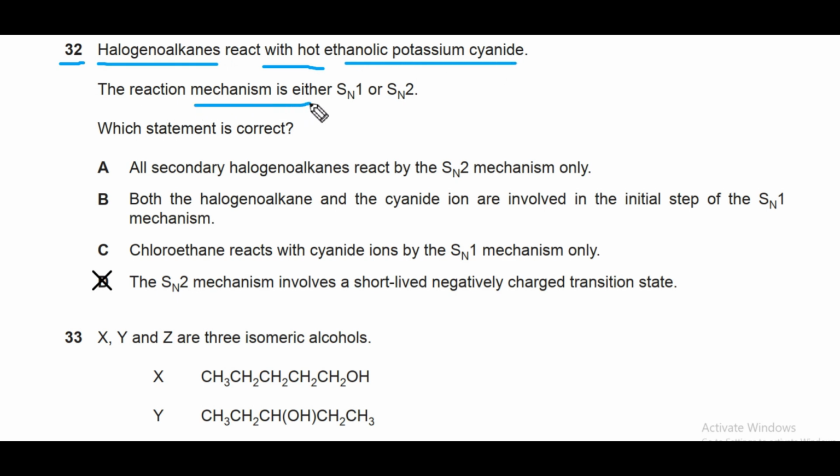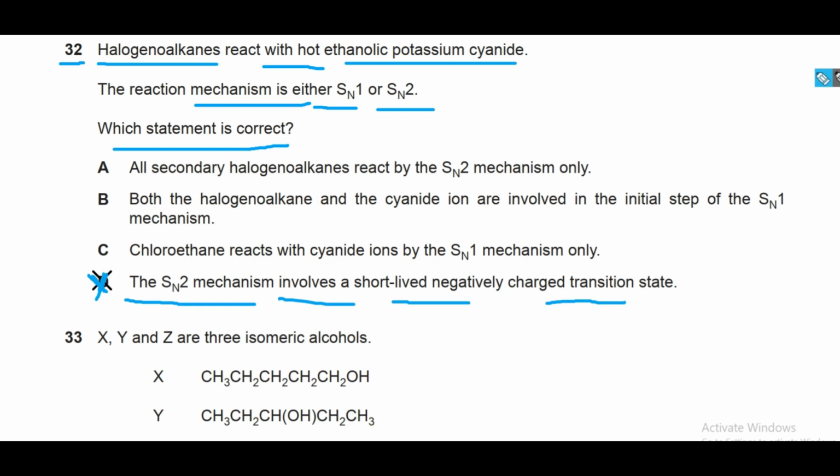The reaction mechanism is either SN1 or SN2. Whose statement is correct? D is correct. The SN2 mechanism involves a short-lived negatively charged transition state, and you know in SN2 a transition state is formed which is negative. So D is the right answer.